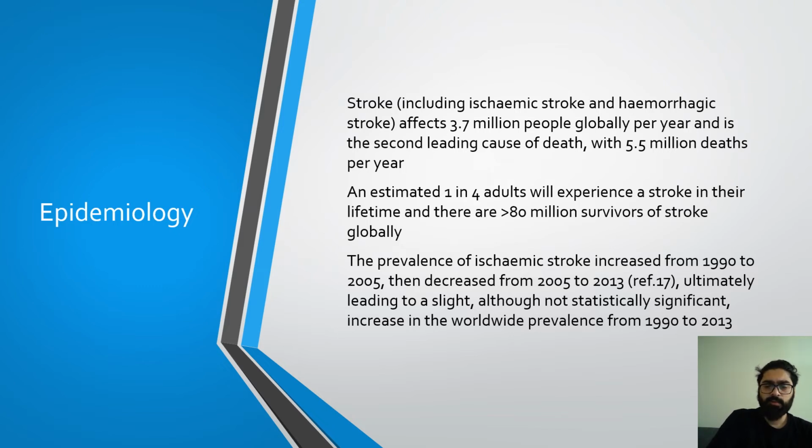An estimated 1 in 4 adults will experience a stroke in their lifetime, and there are greater than 80 million survivors of stroke globally. The prevalence of ischemic stroke increased from 1990 to 2005 and then decreased from 2005 to 2013, ultimately leading to a slight, although not statistically significant, increase in the worldwide prevalence from 1990 to 2013.